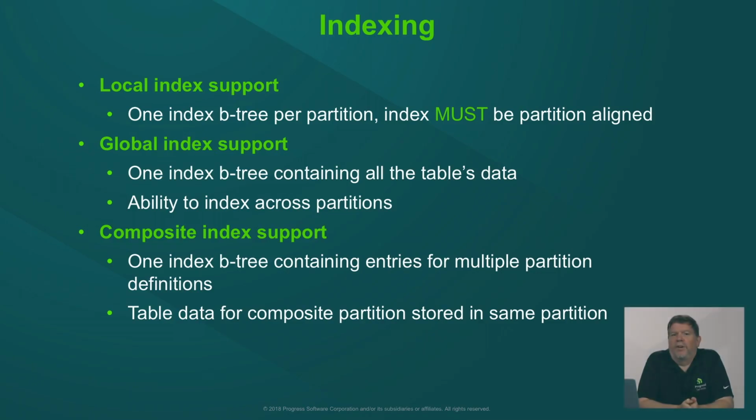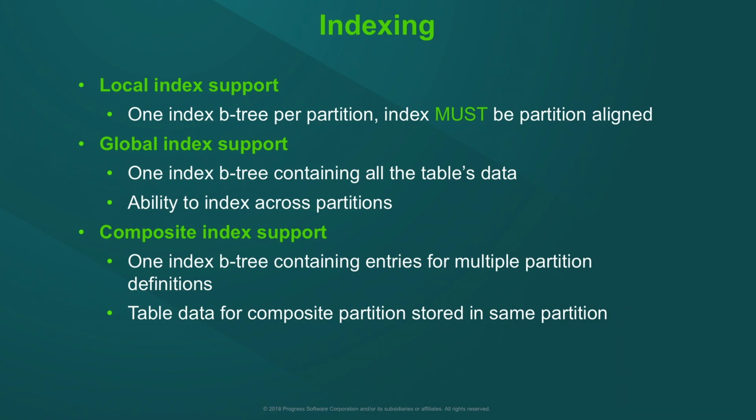Indexing. There is a difference on indexing when we use horizontal table partitioning. So we have 1 B-tree index per partition. So where we're used to 1 index per table, I now have not just the 1 per table, but per partition of that table. So think about that when you're doing application changes.